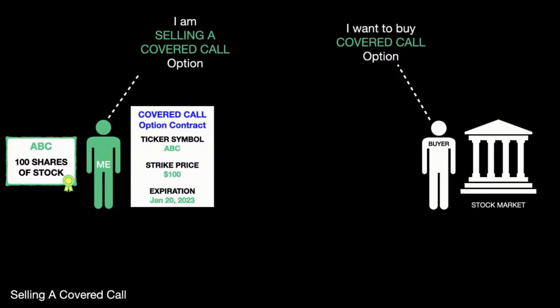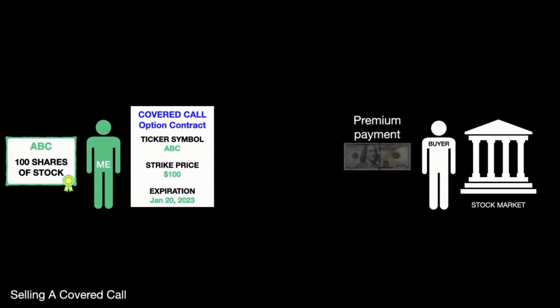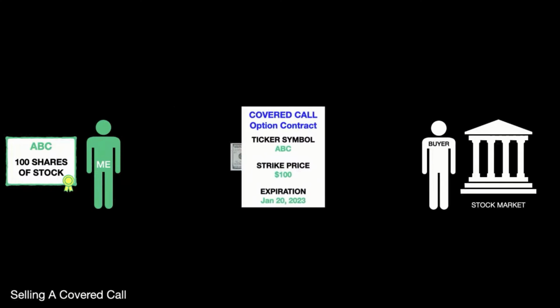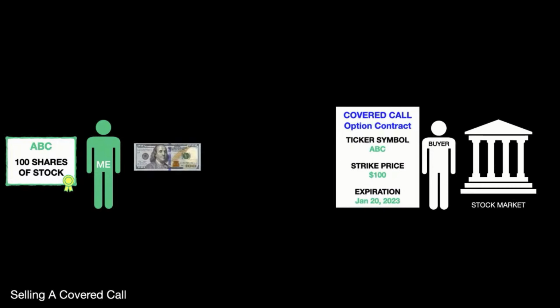So what do they need to do? They're going to see the covered call option contract, they're going to want to purchase that option contract, and as a result, they'll go ahead and pay the premium payment. So there's a premium payment, and what they will get in return by paying me that premium is they'll now own, or they'll have control or the rights to exercise that option contract.